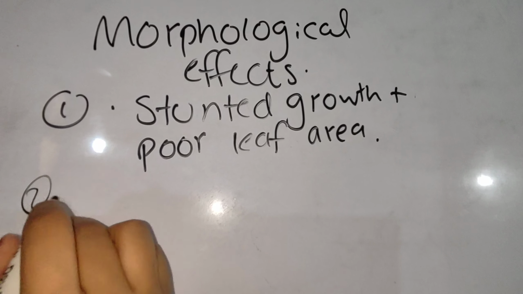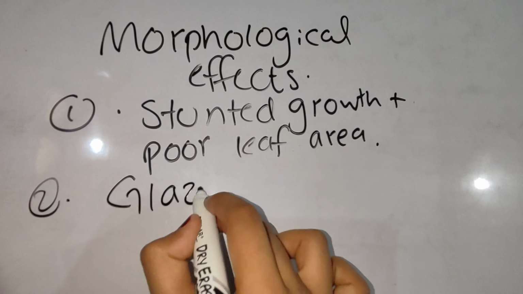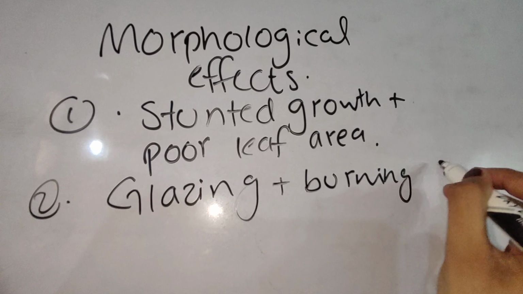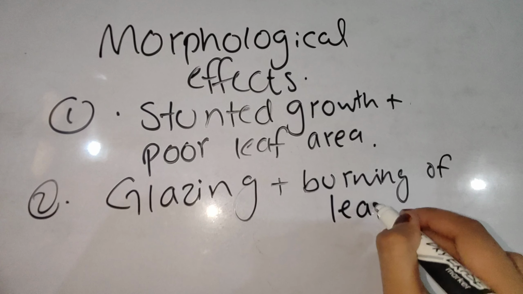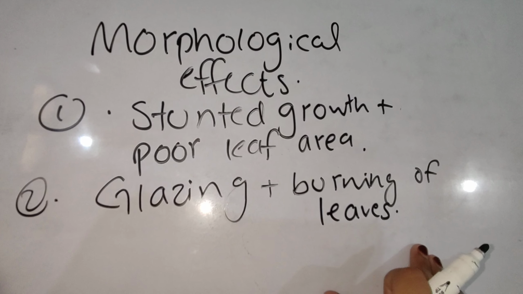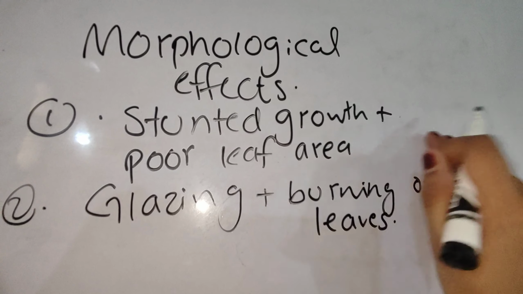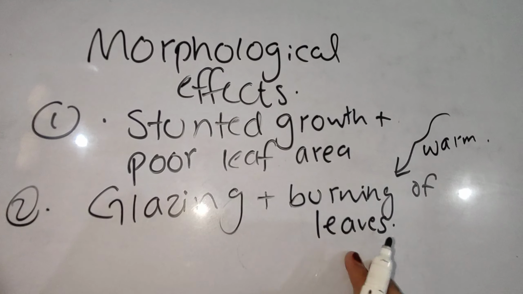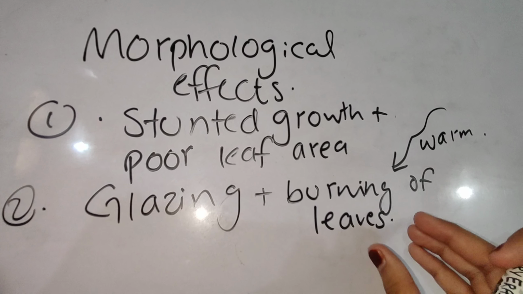The second morphological effect is glazing plus burning of leaves. Burning of leaves, obviously, when harsh UV radiations or harsh warm sun rays fall on the leaves, they get burned.